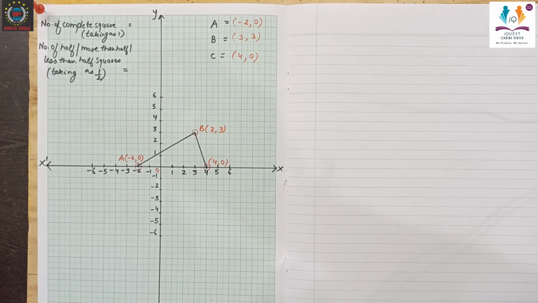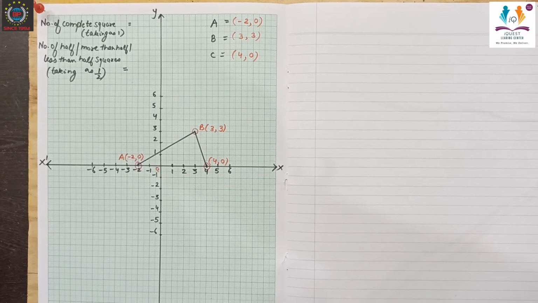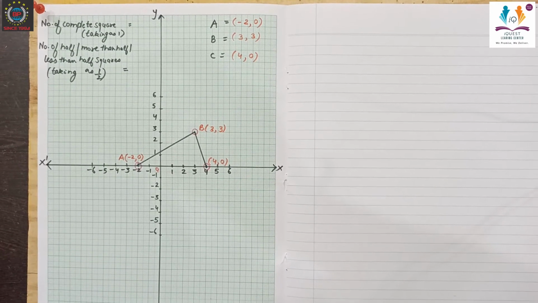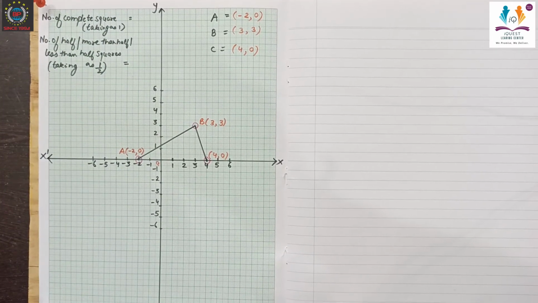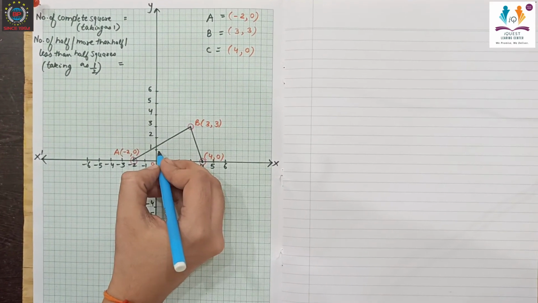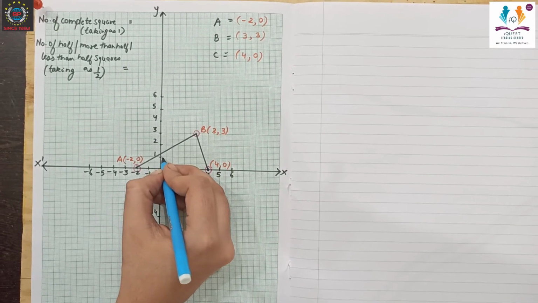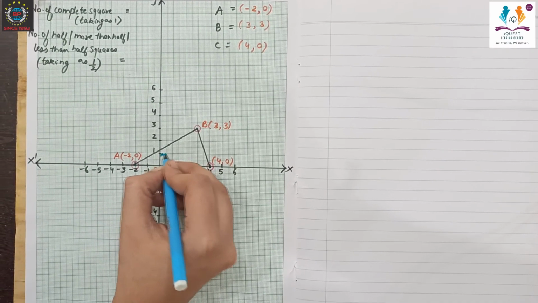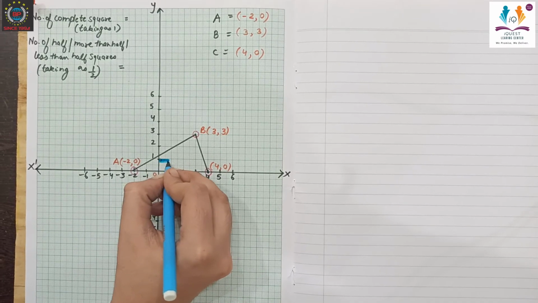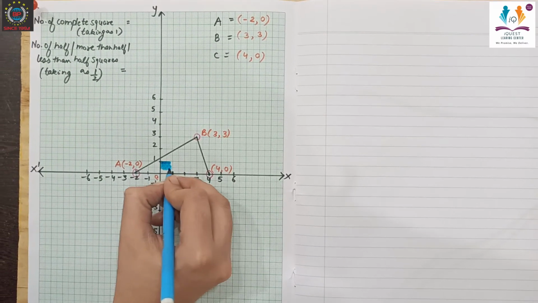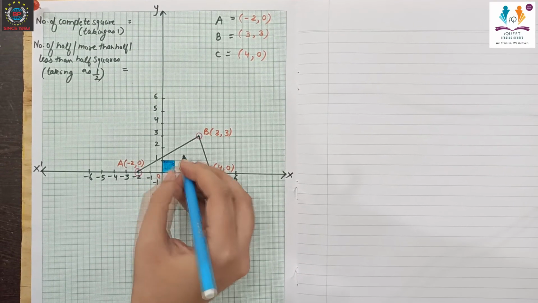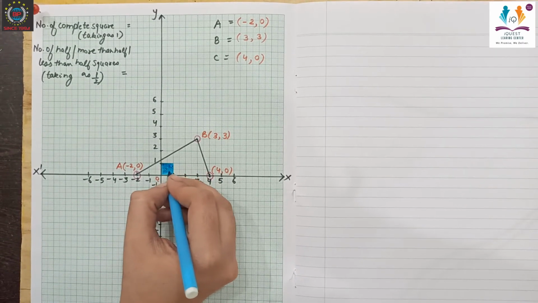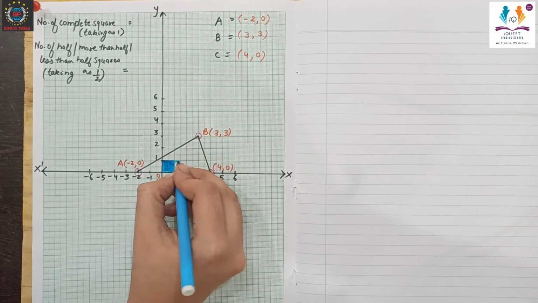So in order to find area of triangle with the help of graph, we have to identify number of complete squares. So carefully look at the graph. Number of complete squares is equal to this one complete square, which I am shading and coloring as blue color.